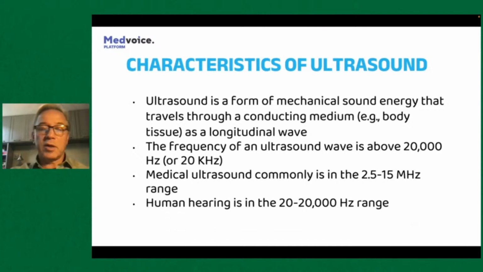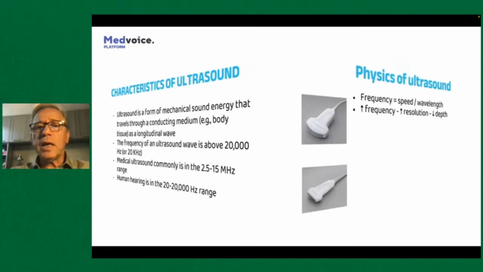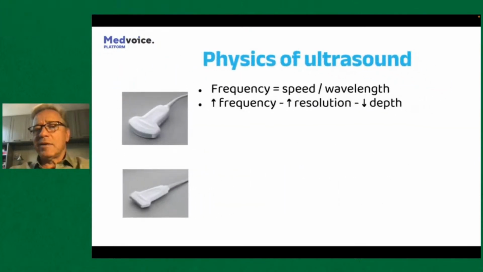In comparison, man's hearing is 20 to 20,000 hertz, so it's a lot higher. That's why we don't hear it. Frequency is the speed divided by the wavelength, and the higher the frequency, the higher the resolution, but the lower the depth. So it's a compromise.